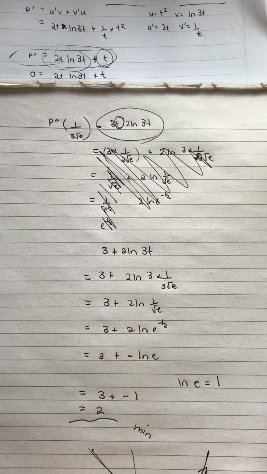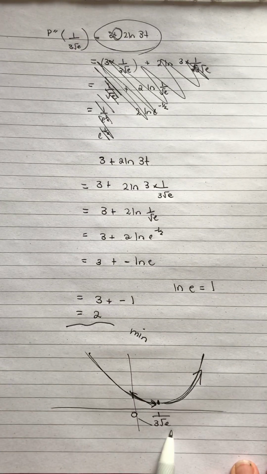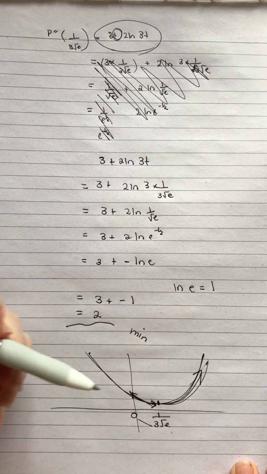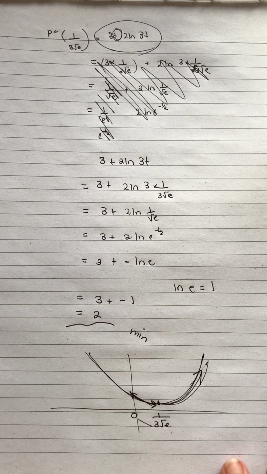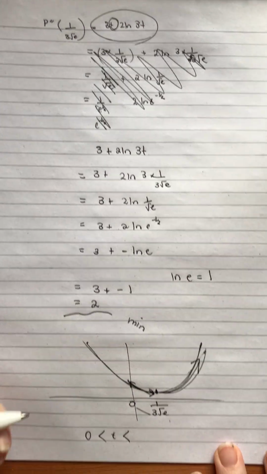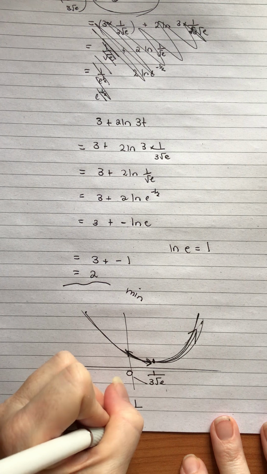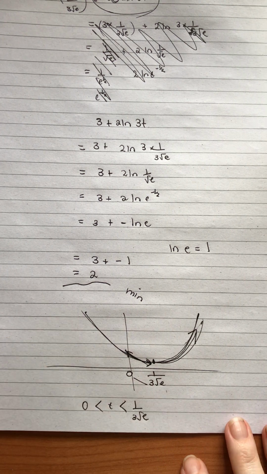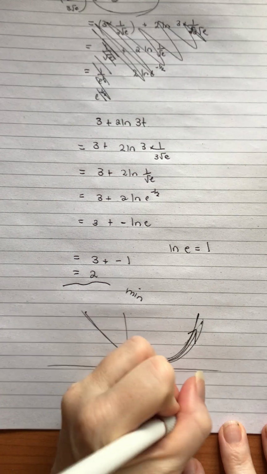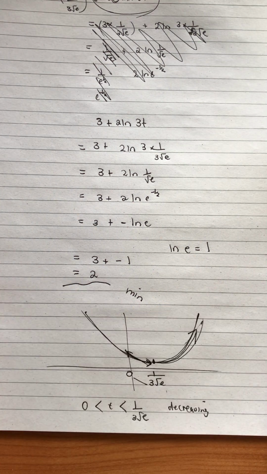So between 0 and 1 on 3 root e, I've got decreasing, and then on the other side it's increasing, and that was what we were trying to find there. So between 0 and 1 on 3 root e, it is decreasing, and then on the other side it is increasing.